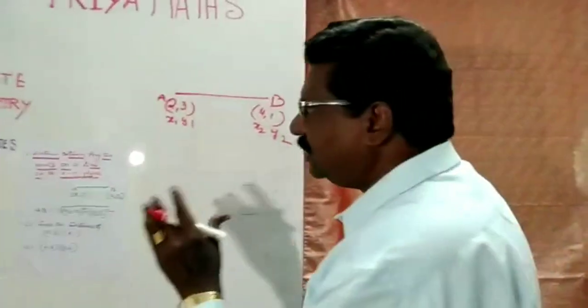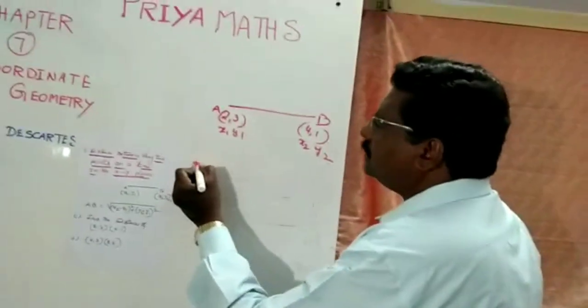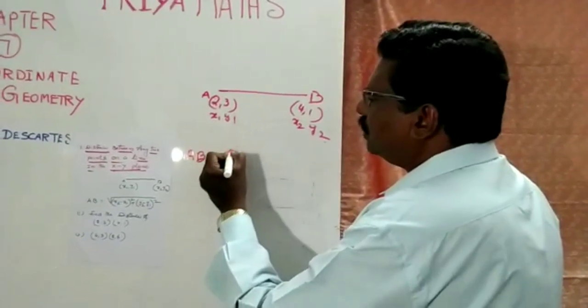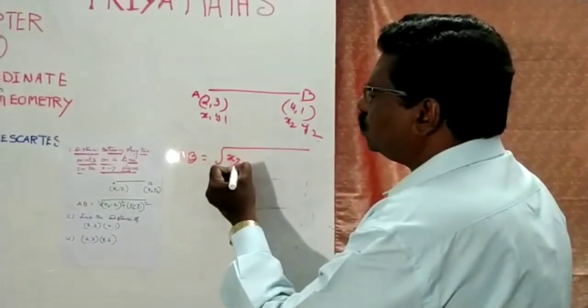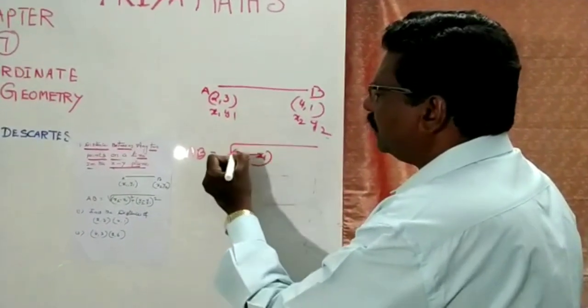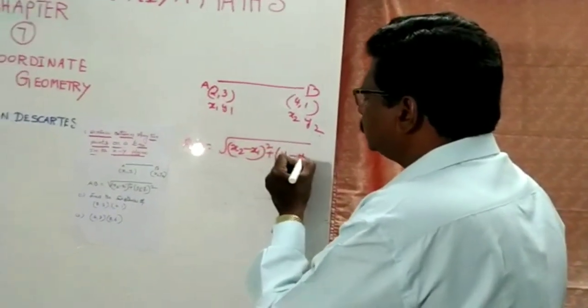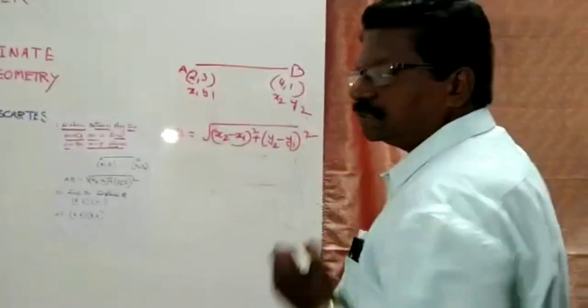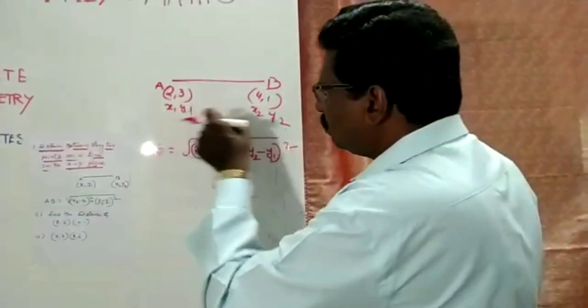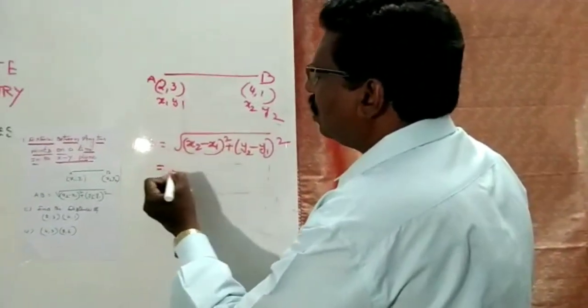Then you have to write the formula. AB is equal to square root of x2 minus x1 whole square plus y2 minus y1 whole square. This is the formula. Then you have to substitute the values in the formula.